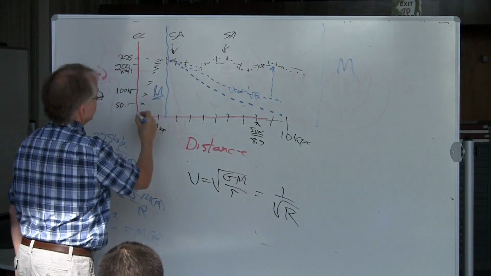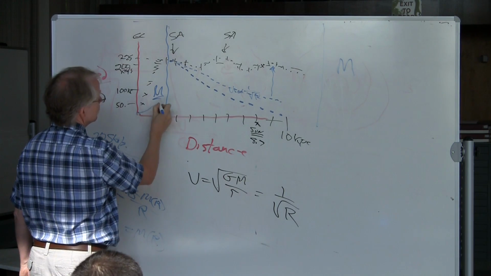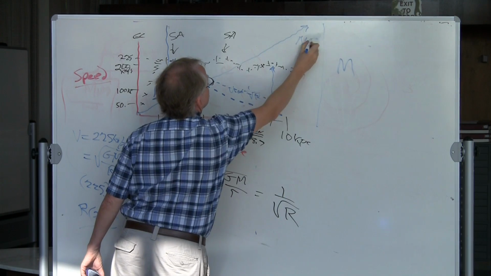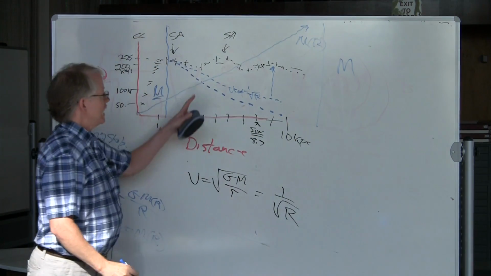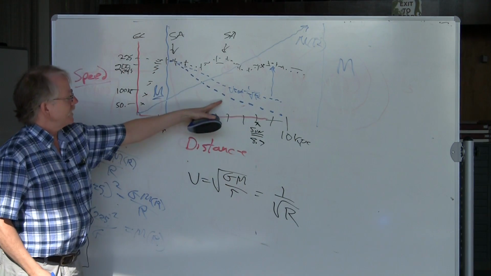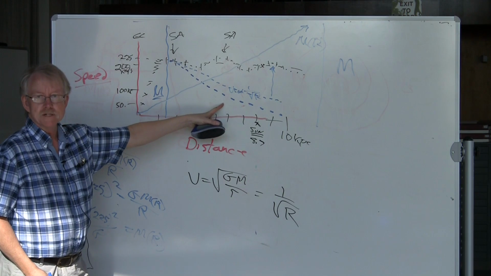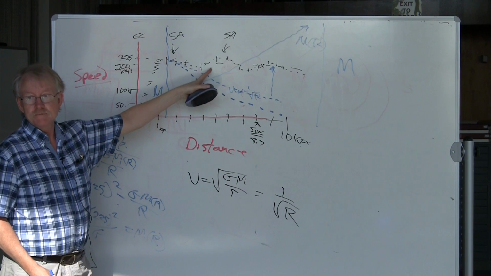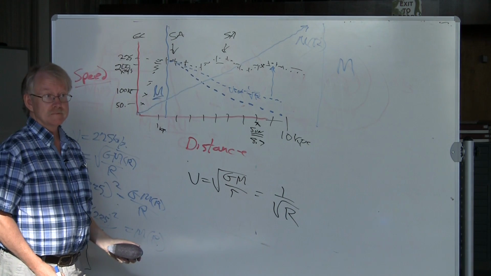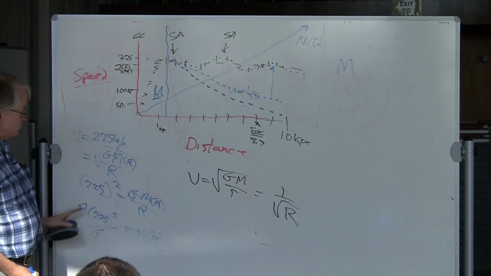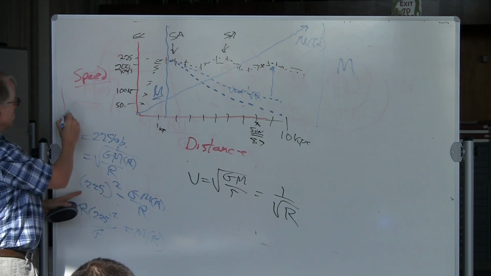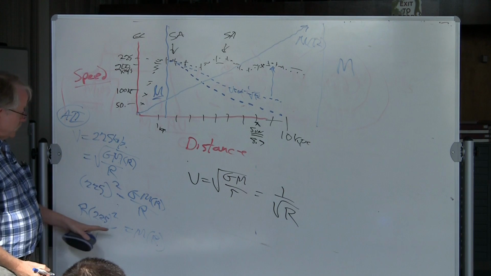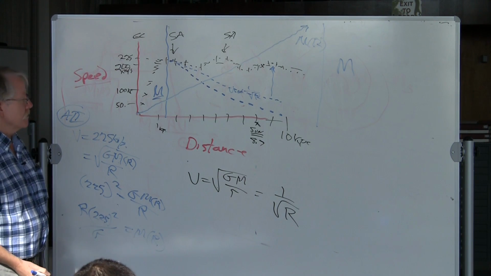If we create a mass model for the Milky Way where mass increases linearly with distance, that behavior in mass will counteract the natural tendency of the 1 over square root of r, and you'll get a constant velocity. Okay? And all we've done is basically algebra 2 at this point. Just solving an equation, finding what M of r is.